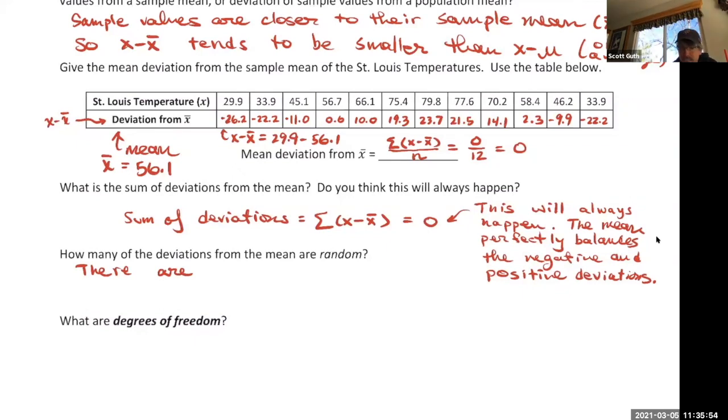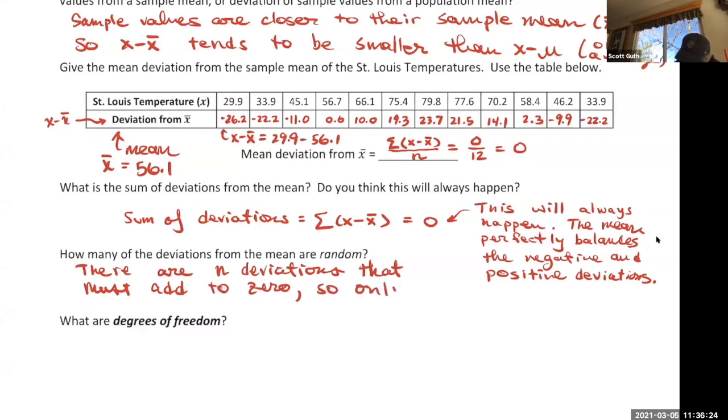Okay, so I don't want to get too deep into that, but the point is there are n deviations that must add up to 0. So only n minus 1 of these are actually random.